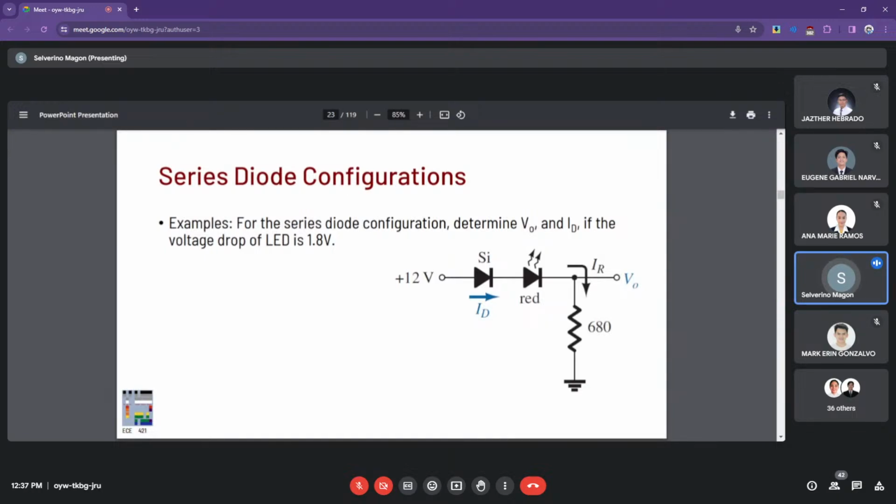Then you'll be able to come up with the VO at 9.5, no? Using Ohm's law again, 9.5 volts divided by 180, you'll be able to come up with a diode current greater than 13 milliamps.